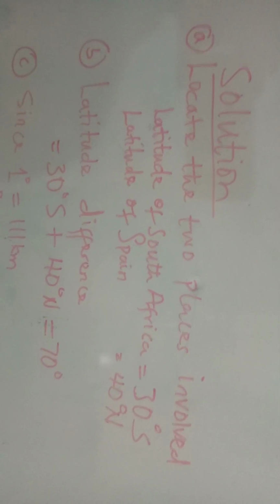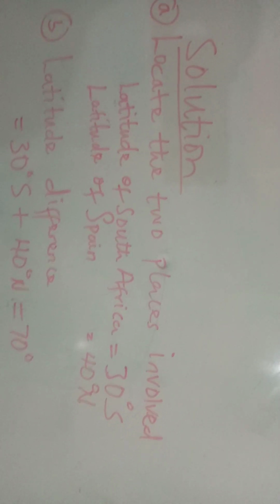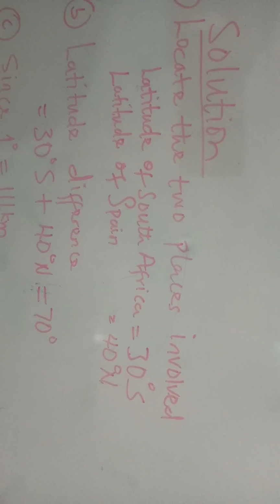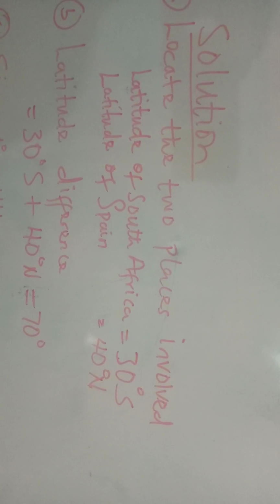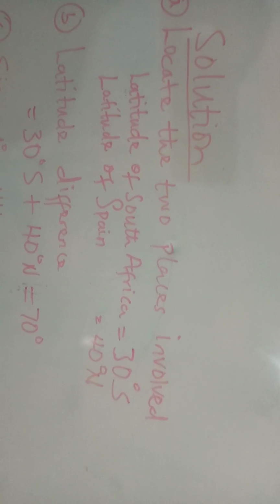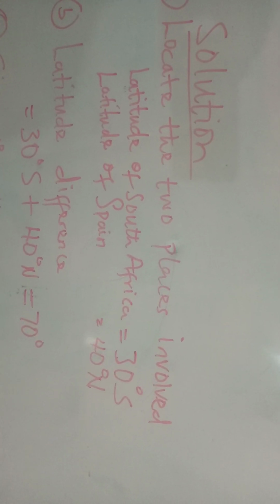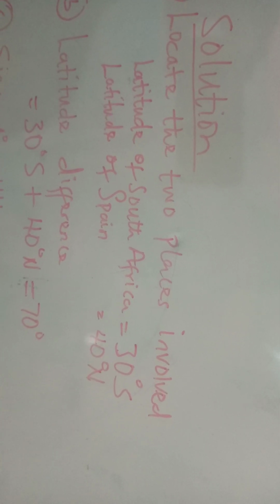So you see they are north and south, so you're going to add. Latitude difference is 30 degrees, which is South Africa, plus 40 degrees, which is Spain. It gives us 70 degrees. We didn't put the direction because south and north together become no direction again, so we are using just the word degree.